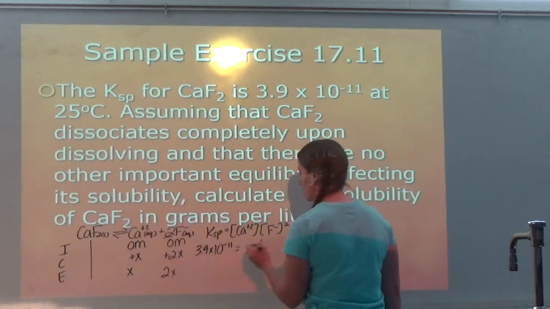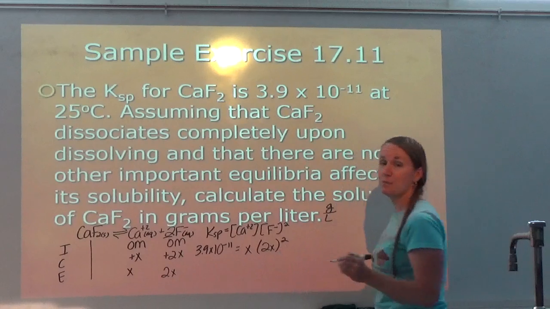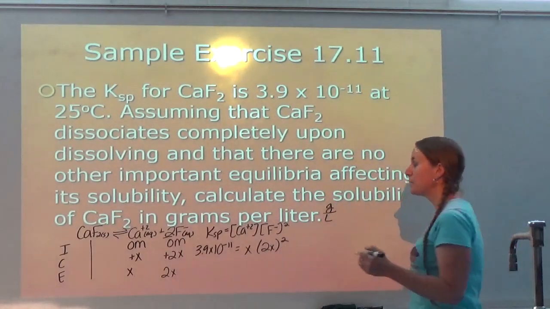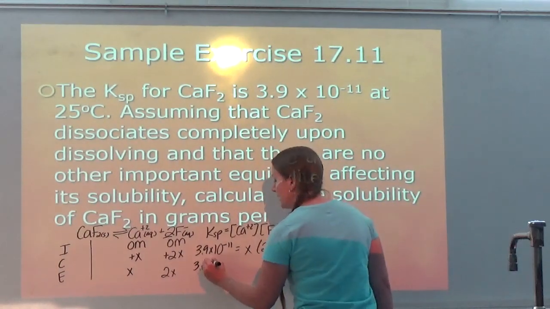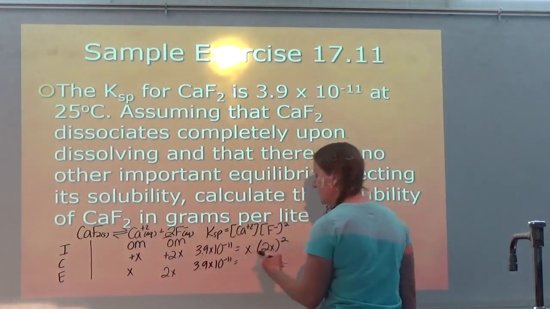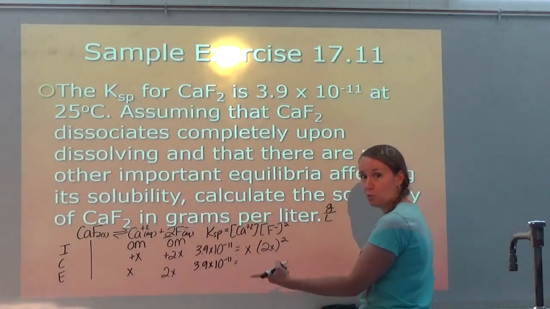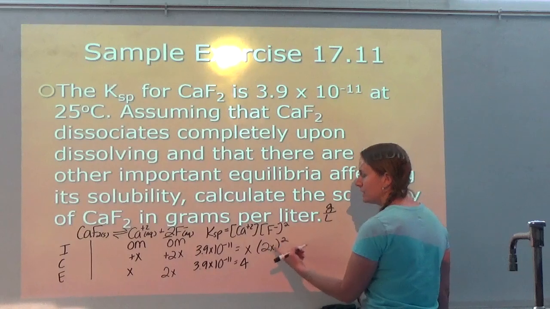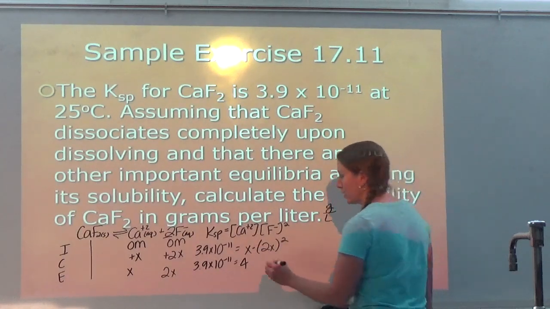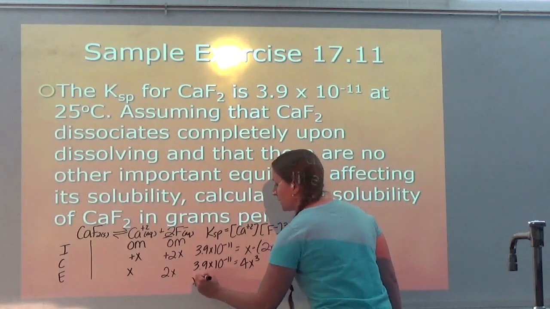My fluoride is 2x squared. This is why I say you gotta be careful, because you're going to square the 2 and the x. So what it ends up being is 4x cubed, because we square the 2, so that's 4. And then this is x squared, but you have times another x. So it becomes 4x cubed.